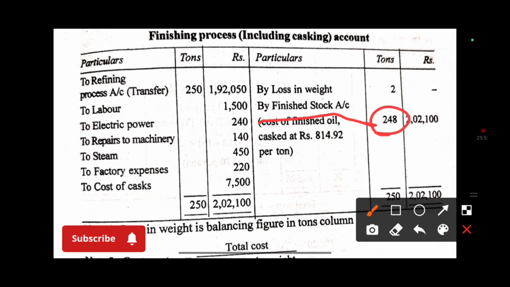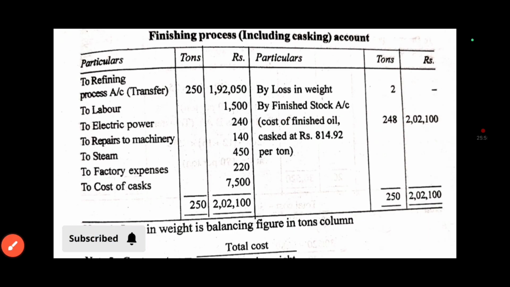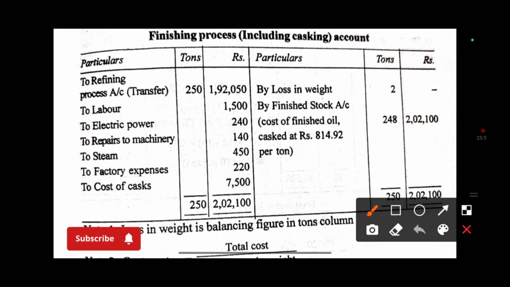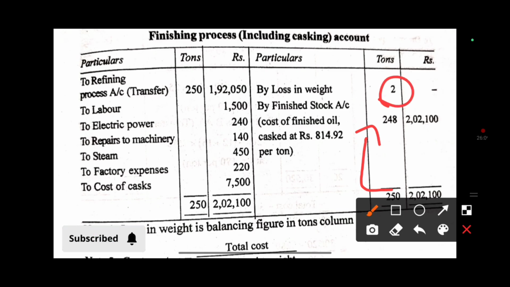Okay, we entered. Now we are going to find out differences. We have the total input ton value of 250 tons, which will be subtracted with 248 tons finished stock, and the remaining balancing figure is 2 tons. The 2 tons is called loss in weight.